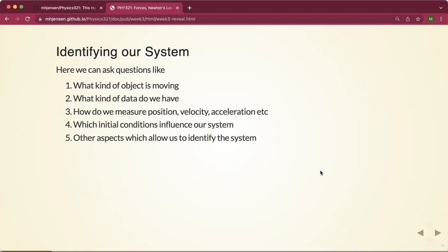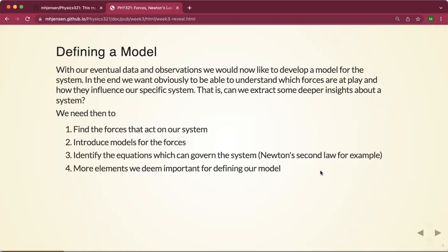That's actually a way you could test whether your accelerometer is correct, because most likely you know the height of the building. That's a pretty neat example. You have to fix the initial conditions, and you have to sort out other aspects which you think are relevant for the system. So the first stage is you identifying the system.